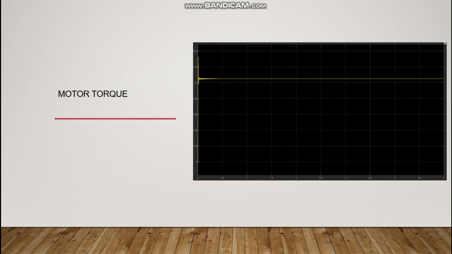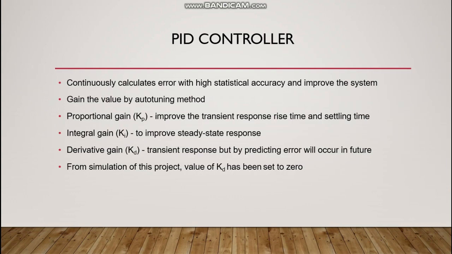The motor is a special brushless permanent magnet motor, or we can call it direct drive, that can produce torque even when the device is stationary. High starting torque can be gained because of the proportional integral derivative or PID controller, which can calculate error values with high accuracy.